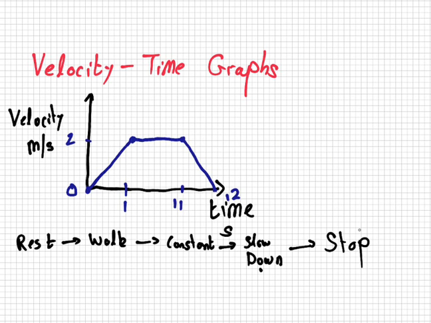Okay, so when we look at this time velocity graph, on the x-axis is time, and on the y-axis is velocity, but there's lots more information on the graph, which I'm going to do now. Okay, so if I just go down here.